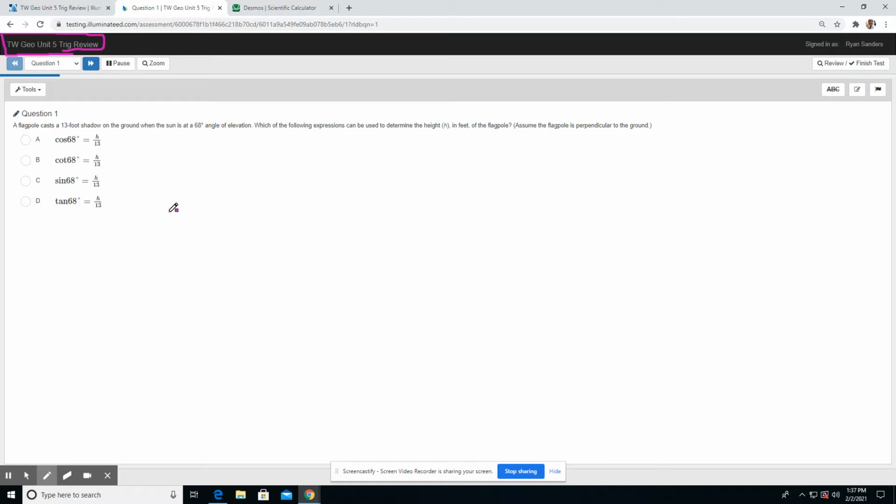A flagpole casts a 13-foot shadow on the ground. So we got a flagpole and there's a shadow on the ground when the sun is at a 60-degree angle of elevation.